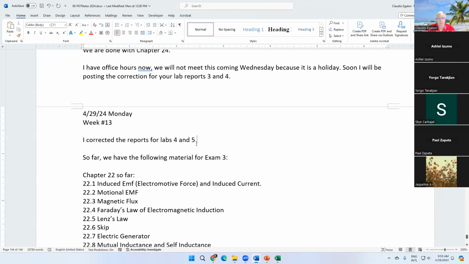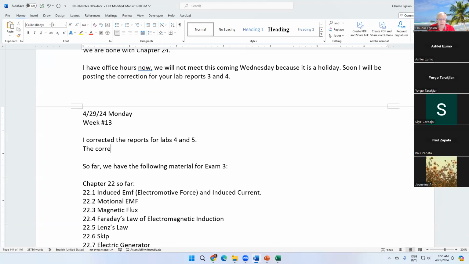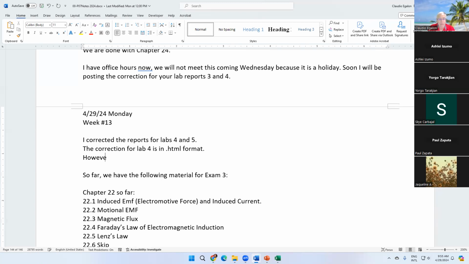Okay, so I corrected the reports for labs 4 and 5. But one important point here. The correction for lab 4 is in the .html format. However, the correction for lab 5 is in PDF format. I finally figured out. It looks like Excel finally managed to fix the PDF format, because I tried it a long time ago and it never worked.